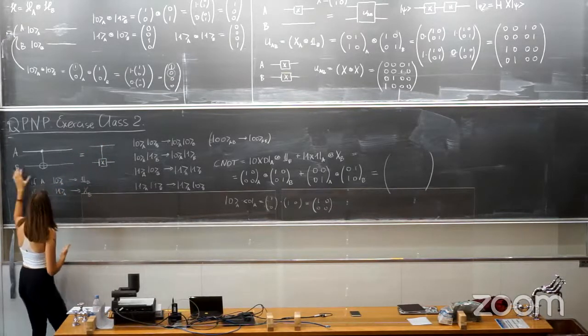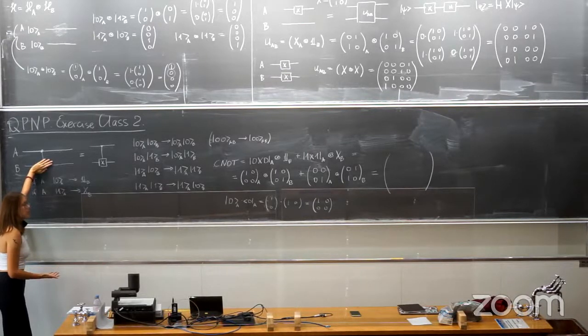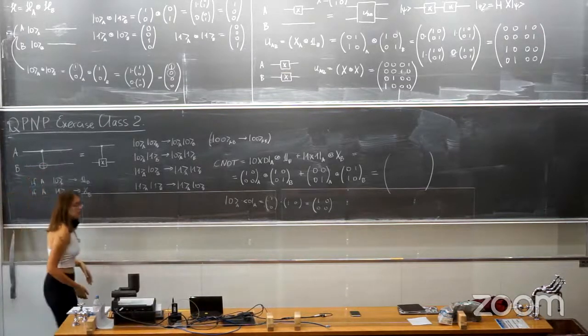Let's say we discard the system B here, we are only left with system A. We cannot then describe the state of the system as a vector. We need a matrix to do that. But this is a bit more advanced and comes later in the course.